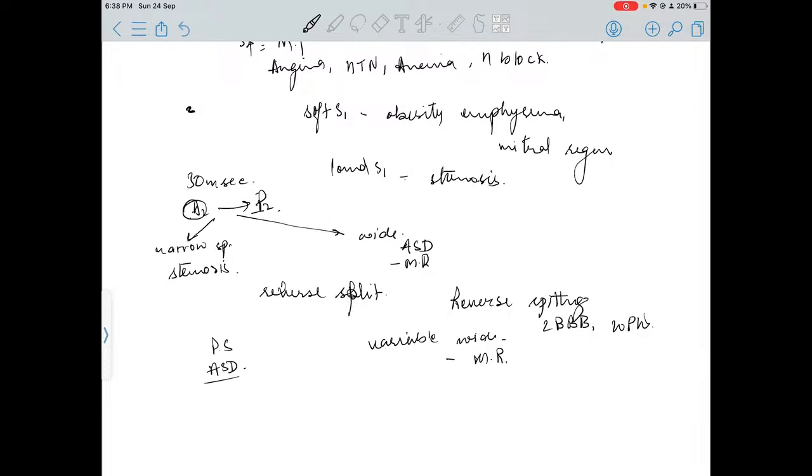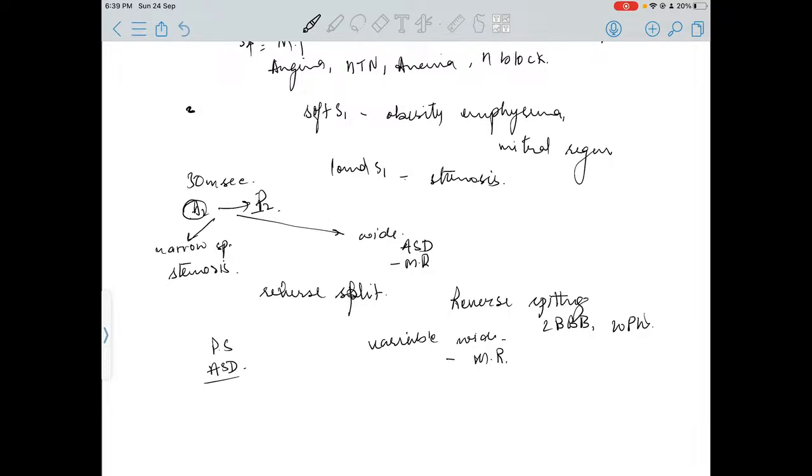Variable wide splitting happens because of the mitral regurgitation, and fixed splitting happens because of the atrial septal defect and pulmonary stenosis. And reverse splitting occurs when P2 is early and A2 is late, because of the left bundle branch block, or because of the Wolff-Parkinson-White syndrome.